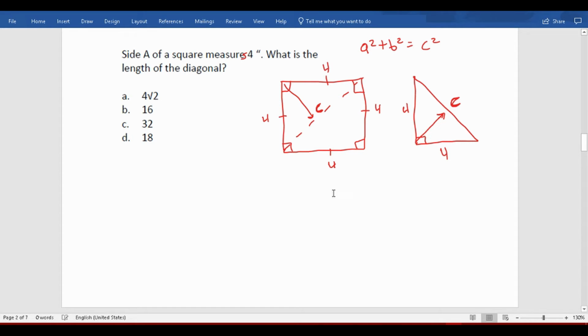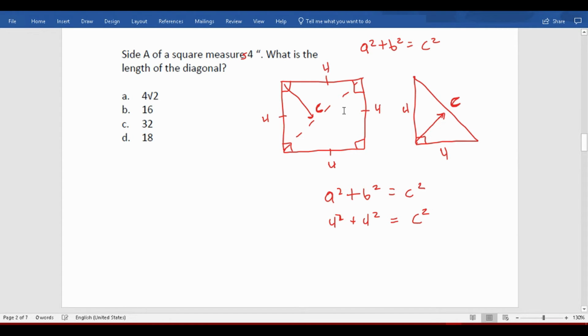So let's go ahead and write this down here. Let's go ahead and plug in the legs accordingly. This is 4 squared plus 4 squared equals c squared.